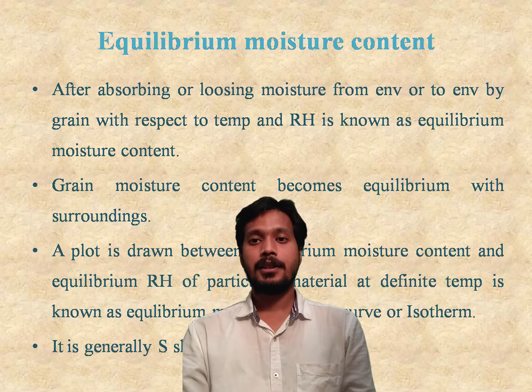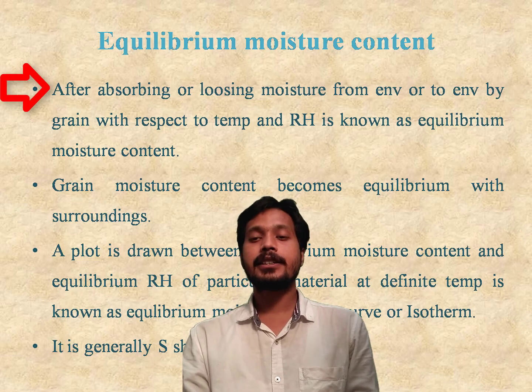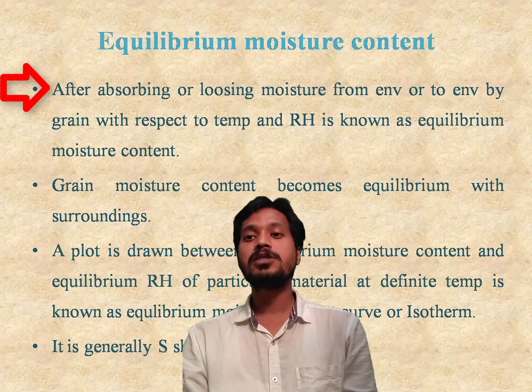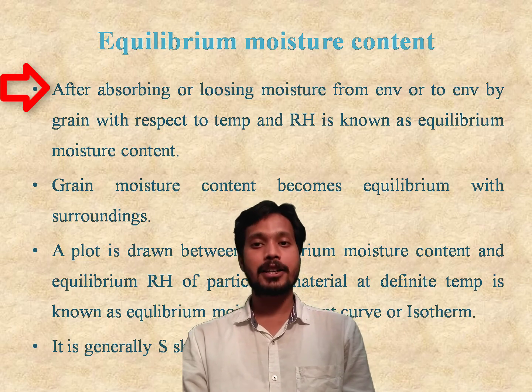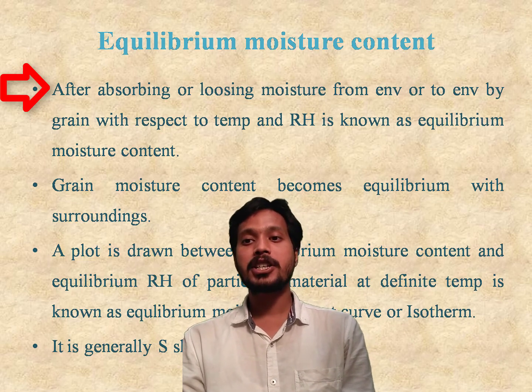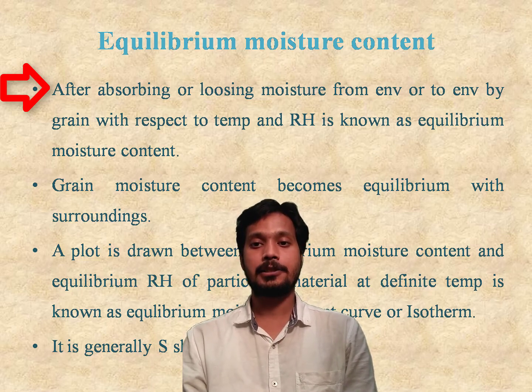And this phenomenon of gaining or losing moisture from or to the product is known as hygroscopicity. Equilibrium moisture content is the moisture content after the grain absorbs or loses moisture with respect to temperature or RH.